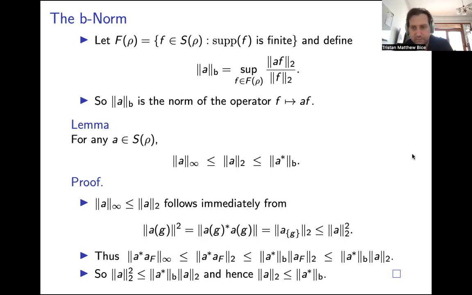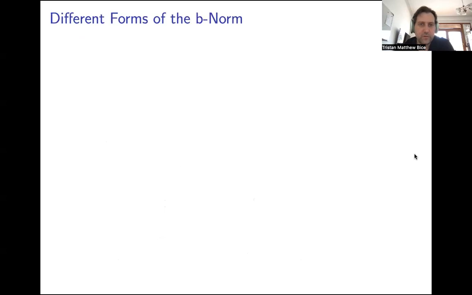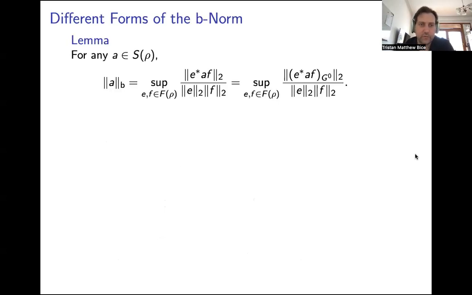So that's our first little inequality relating these 3 norms. But the b norm also has some other forms that will often be useful, some kind of bivariant forms, maybe you would say. Specifically, we're claiming that the b norm could also be calculated by not taking the product just with a single f, not by operating on f by a on its own, but rather by, in a sense, using a to operate on f and at the same time on some other finitely supported element e, or e star in this case.